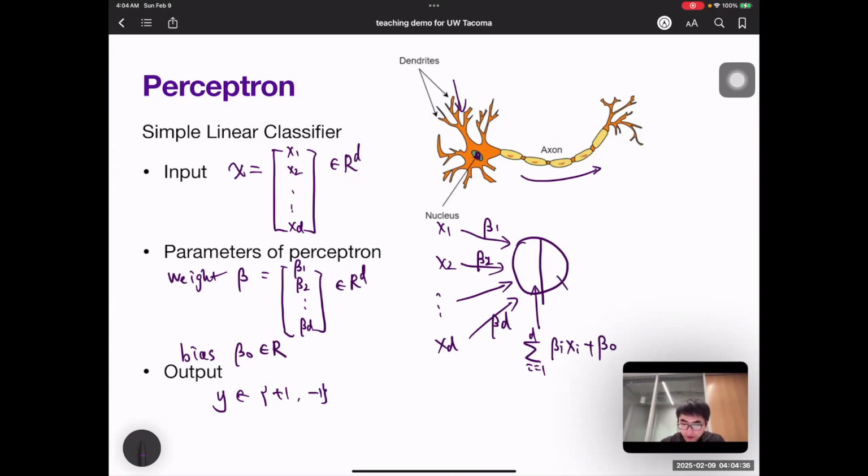The second part is activation. In the formulation of the perceptron algorithm, they choose the sign function as the activation function, and take this as the output. If the function is evaluated as positive, then it will output positive 1. If it's evaluated as negative, then it will output negative 1.